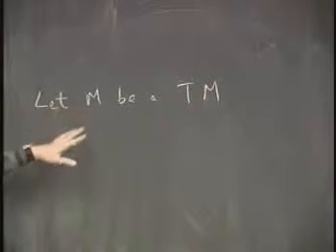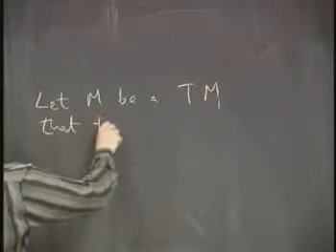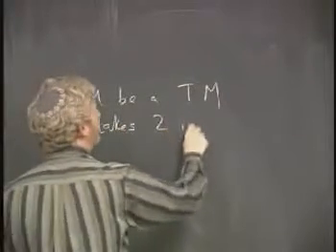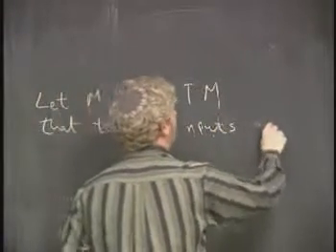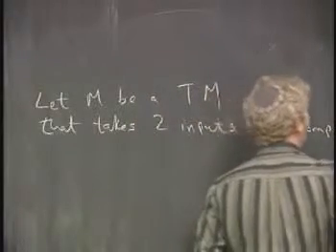This is going to be abstract again, but I'll give you an example in a minute to make it clear. This is the thing that he said you need to see when you're 5 years old, so be patient. M is a Turing machine that takes two inputs and computes something. It can be anything.